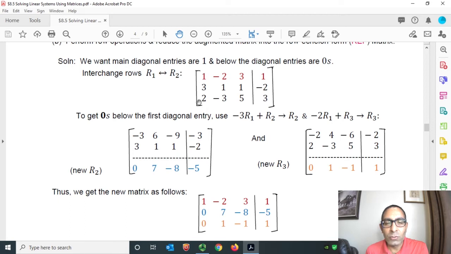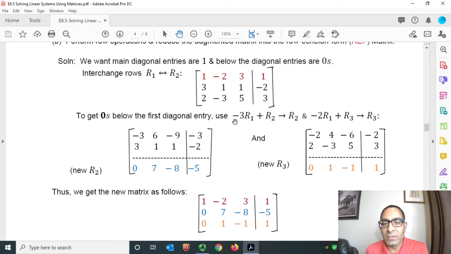Similarly, to make 0 here, we multiply row 1 by negative 2 and add to row 3, and we replace row 3 with the result. Then we will have 0 here and 0 here.